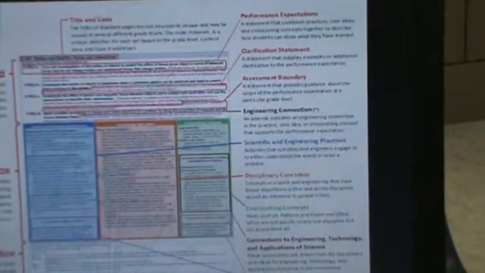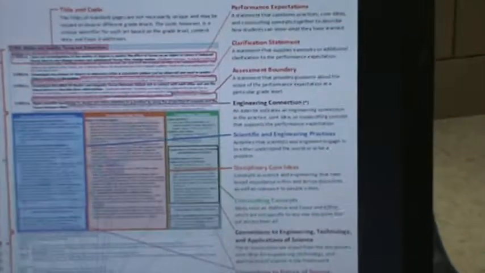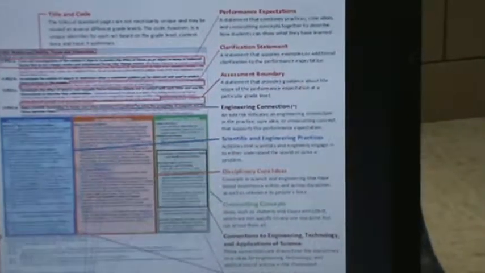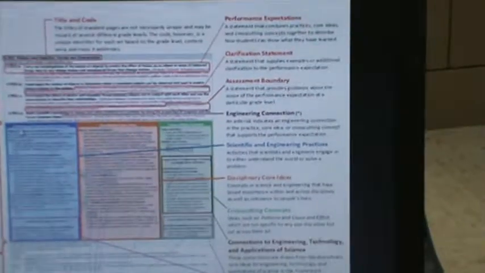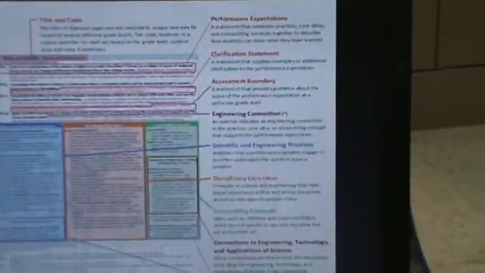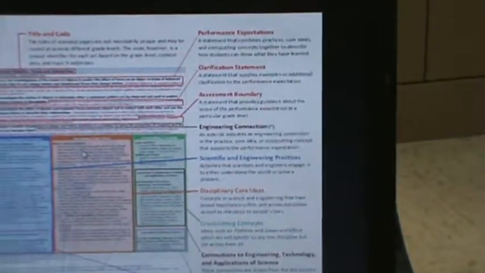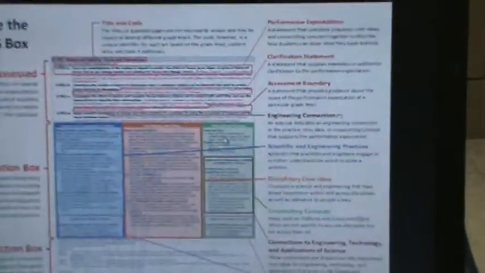We have the engineering connection. Well, within the foundation box, this is the foundation box, we look in the practices, the engineering practices, to see which one goes with that performance expectation. We look in the DCI, the disciplinary core, to see which one matches, and we look at our cross-cutting concepts.